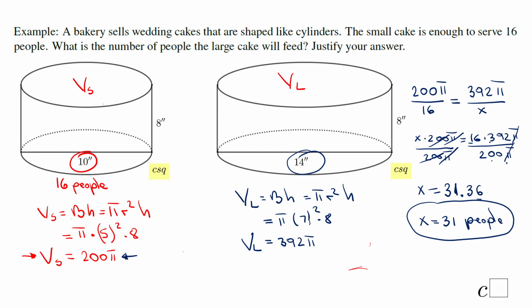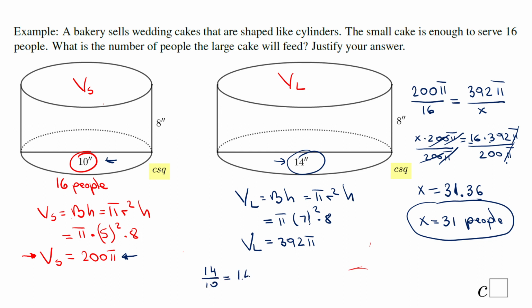Another way to look at this problem is to look at the ratio between these two diameters. That will be 14 over 10, which is 1.4.